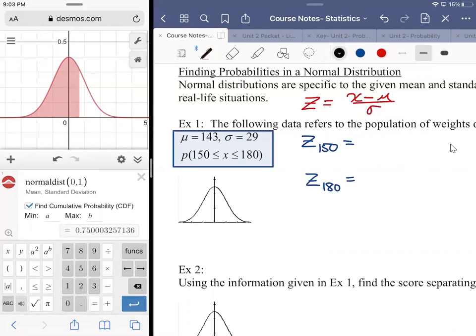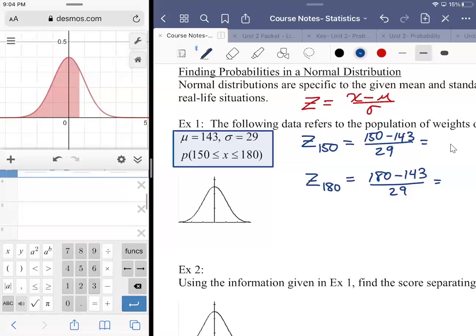So we would crunch out 150 minus 143 over 29, and then 180 minus 143 over 29. And you could even do that in the same calculator. It's not a big deal. With the division tool, I like to pop in the division first so I don't have to worry about parentheses.